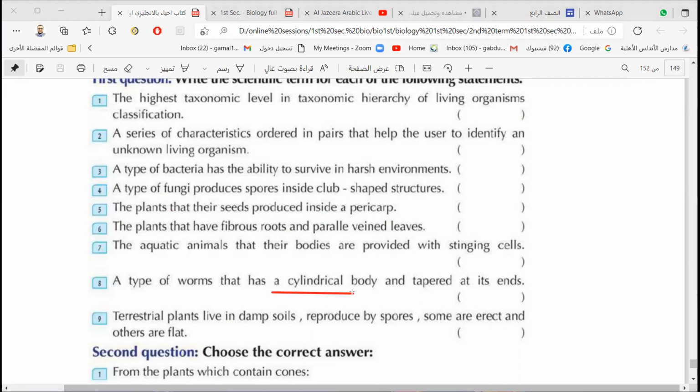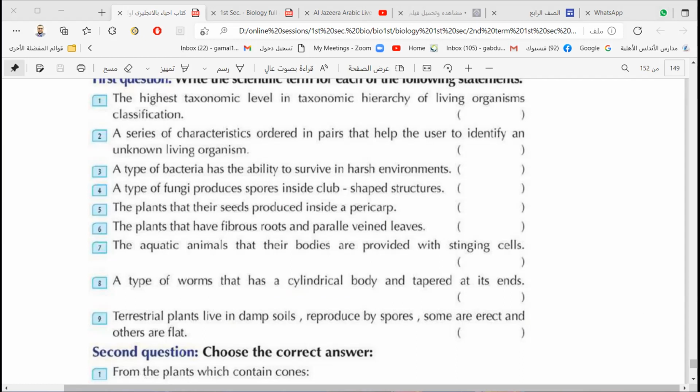I will give you some choices. The flatworms or the cylindrical worms, or the annelida, or the segmented worms. This one is the cylindrical worms, like Ascaris worm.